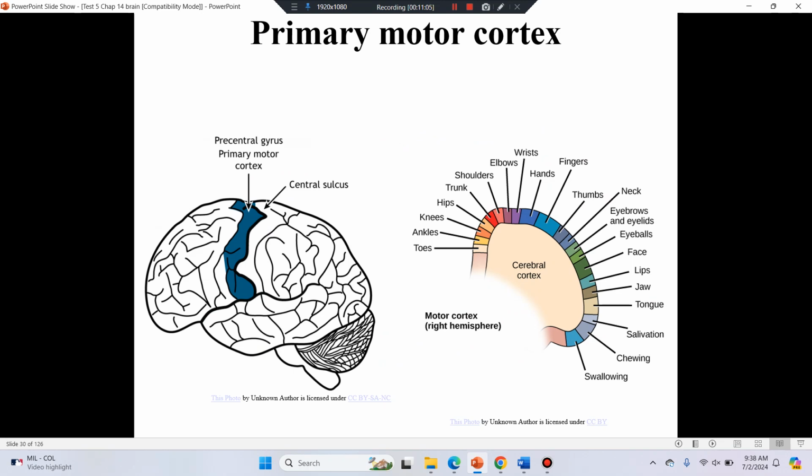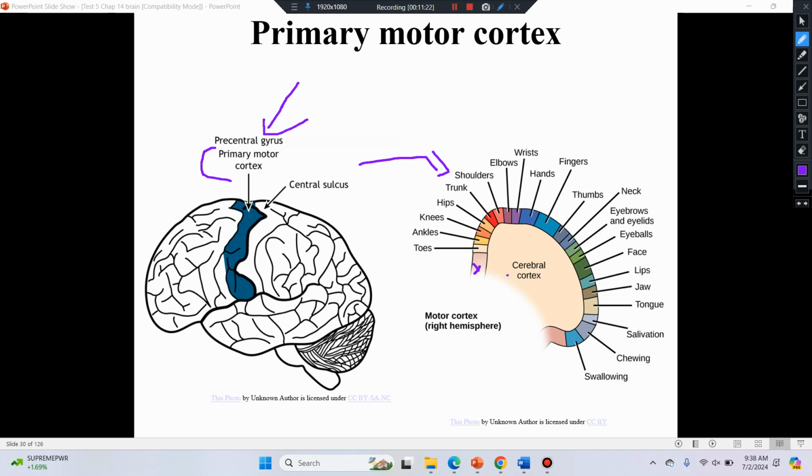Almost done. So we have in this picture, highlighted, the primary motor cortex. And what we can do is take this section out and look at it. This is the gray matter. This is the white matter.